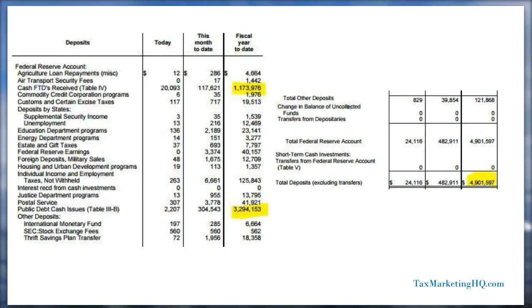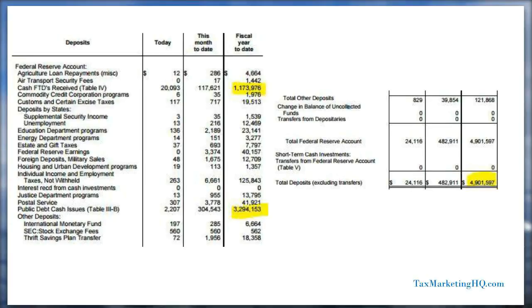Then if you look at the deposits side of the Treasury statement, you'll see that they have issued $3.3 trillion in new Treasury bills in order to fund government operations. This is about $300 billion more than what has been redeemed. So the national debt has gone up by around $300 billion so far in the current fiscal year.